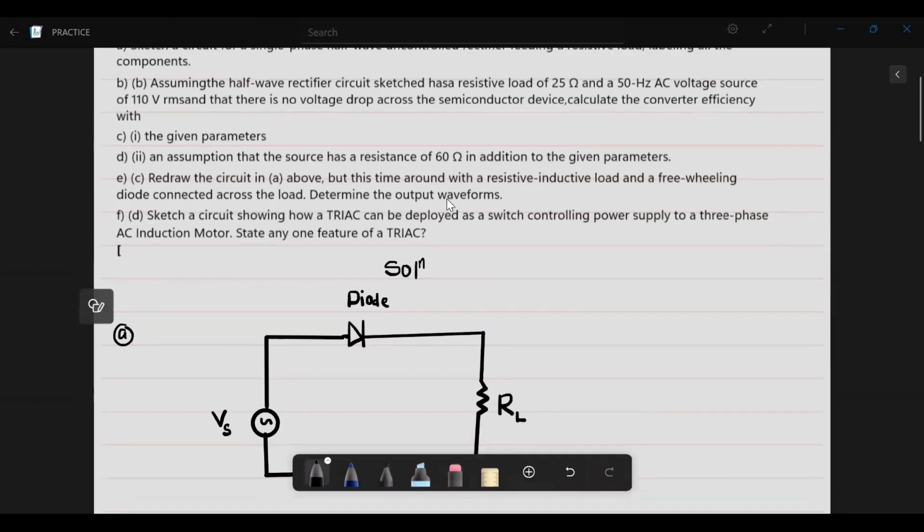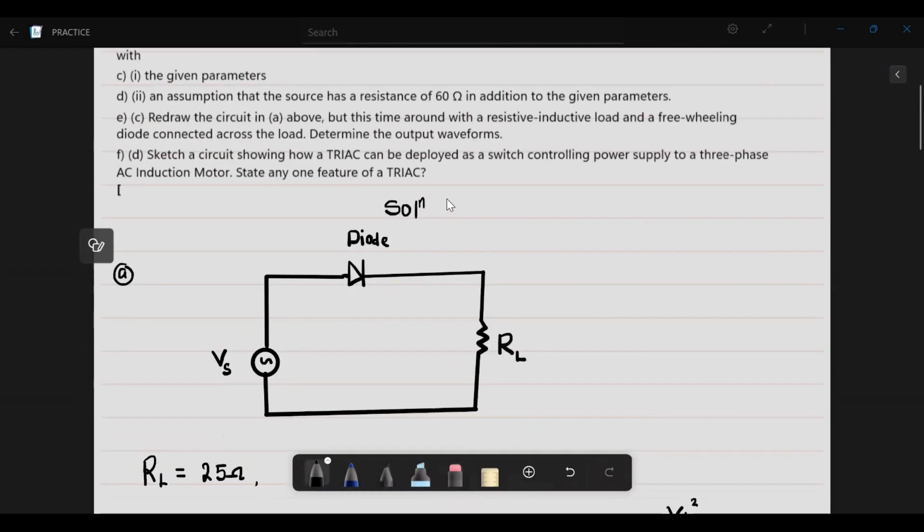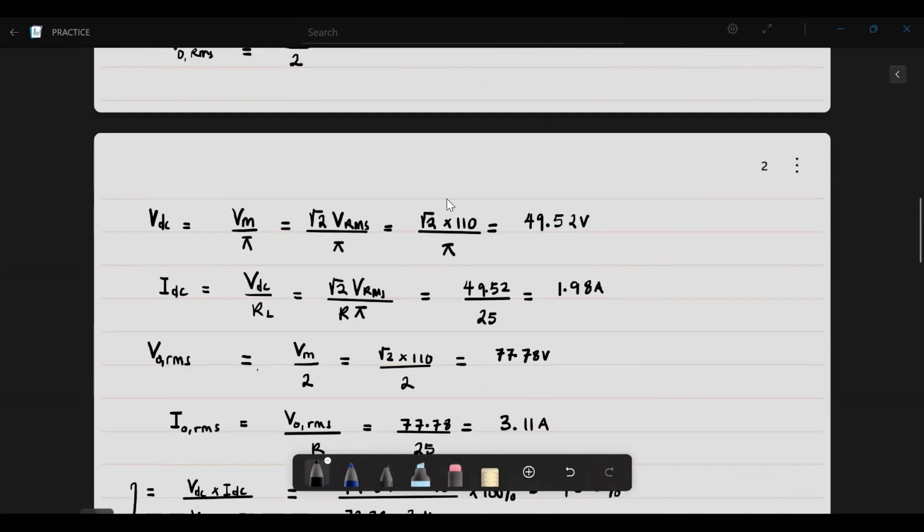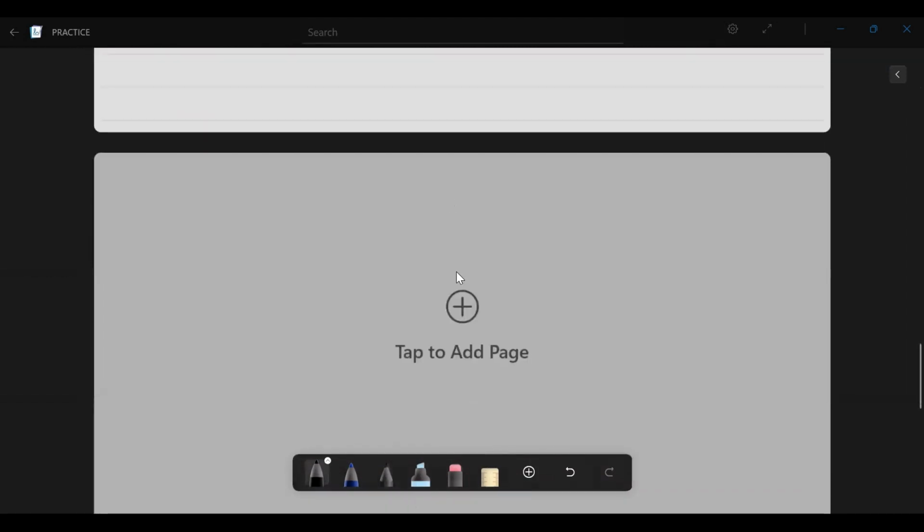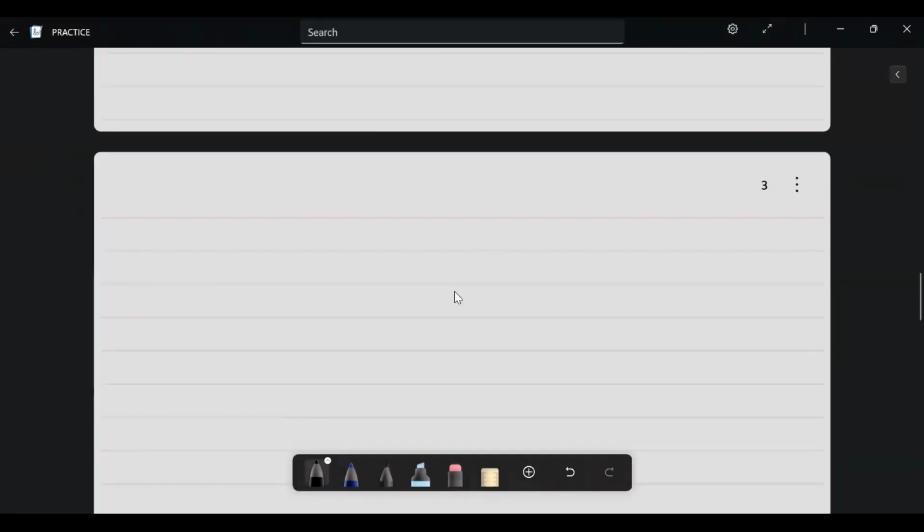So now the question says we have to draw the circuit above, but this time with a resistive inductive load and a freewheeling diode connected across the load. Then we have to find the output waveforms. So now, in addition to the resistive load, we have an inductive load added to it.